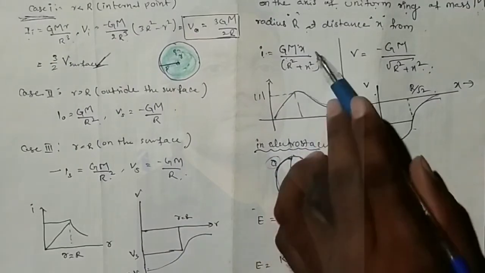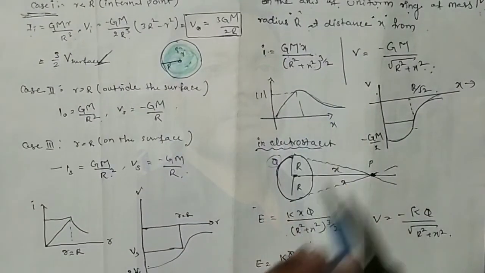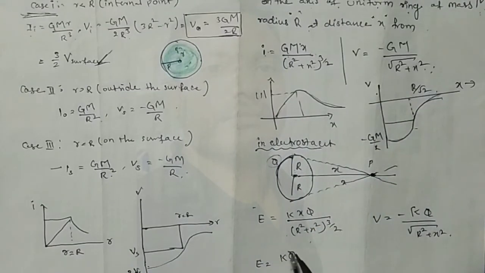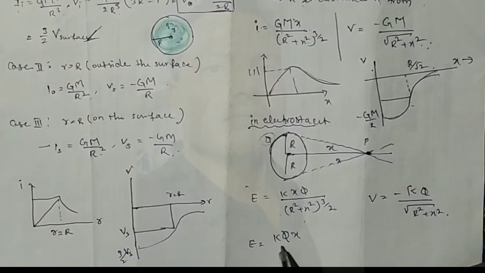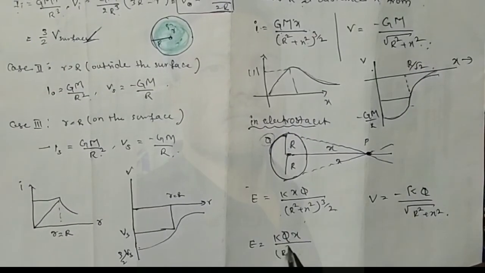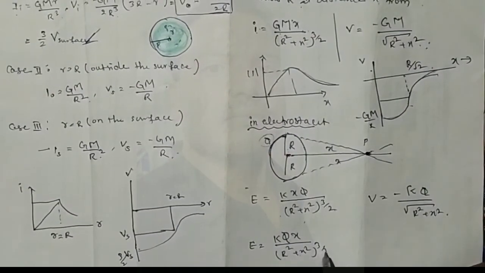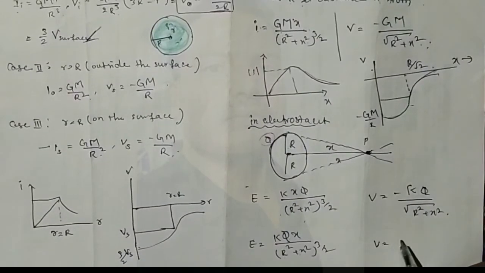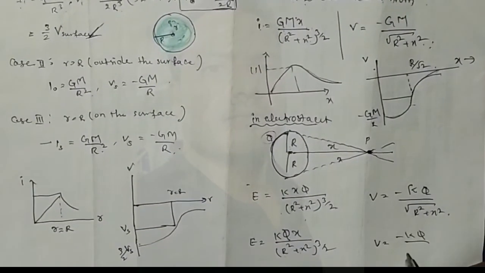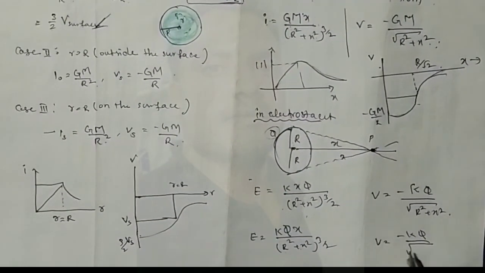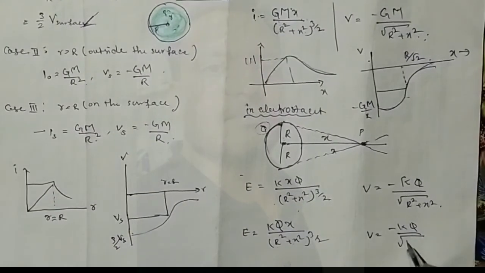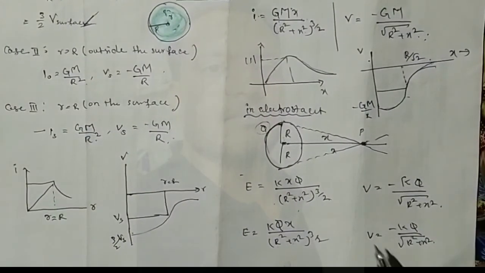Here both are similar formulas. M is replaced with q, distance x, (r square plus x square) to the power 3 by 2. V is equal to kq by under root r square plus x square.